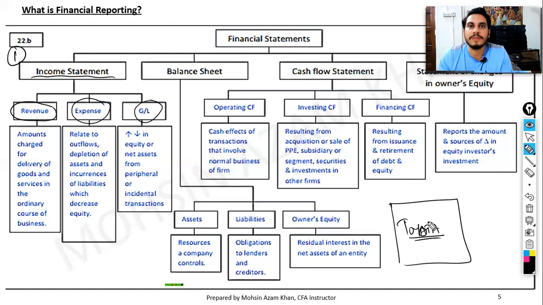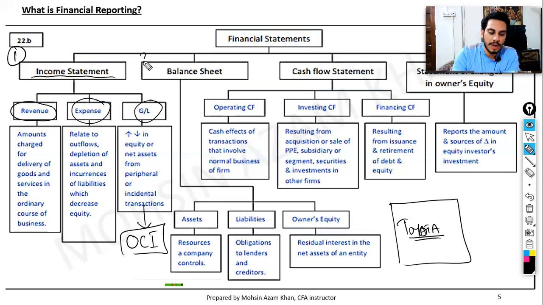That's a gain for them. So that we also reflect in the income statement. For gains and losses, there is also another part which we will understand later on, called OCI, other comprehensive income. We also reflect some of the gains and losses in this section. For now, just remember there is a part called OCI, which we will understand later on.